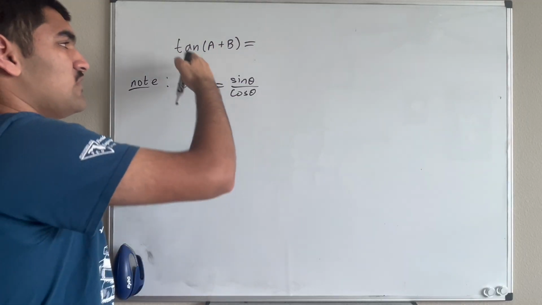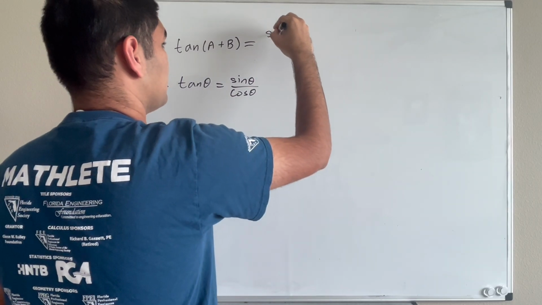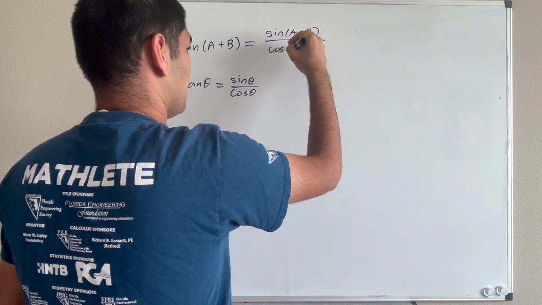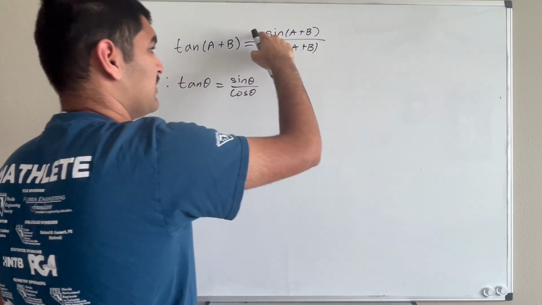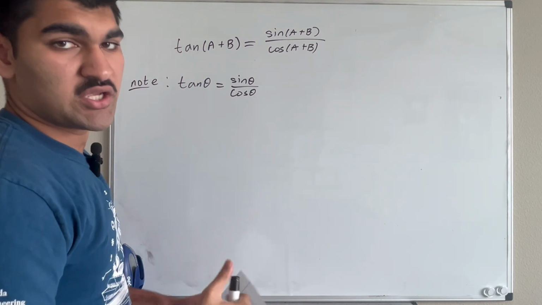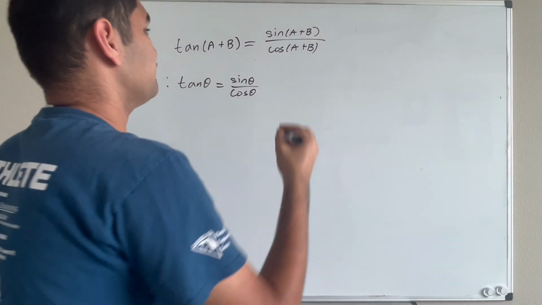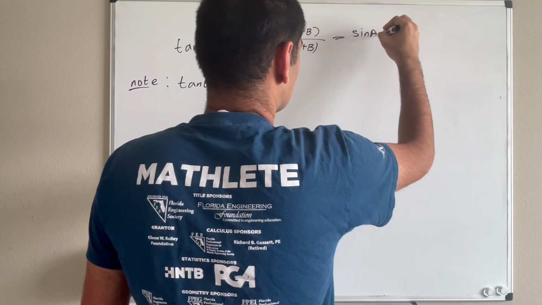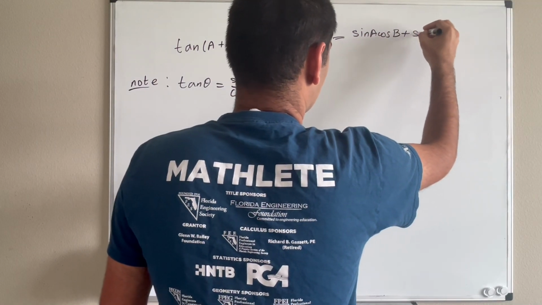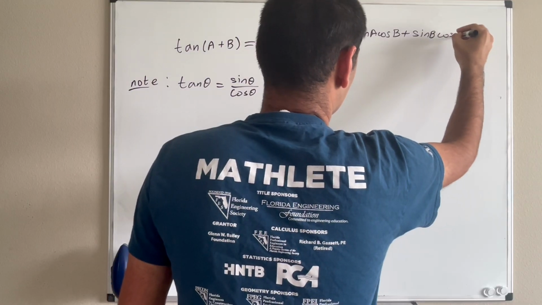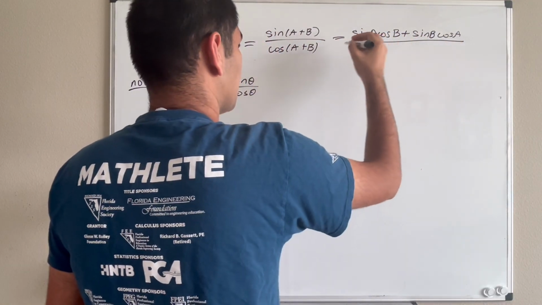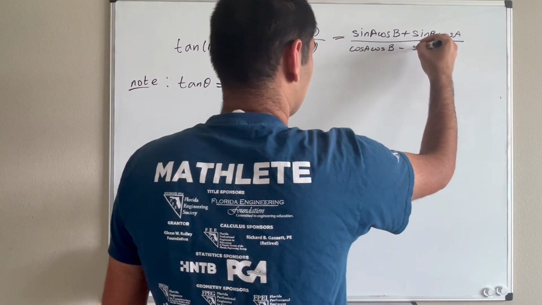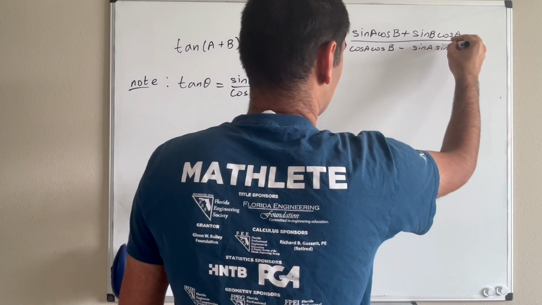So tangent of A plus B is equal to sine of A plus B over cosine of A plus B, because we've already derived the identities for sine and cosine of a sum. So this is just equal to sine A cosine B plus sine B cosine A, as we just saw, over cosine A cosine B minus sine A sine B.